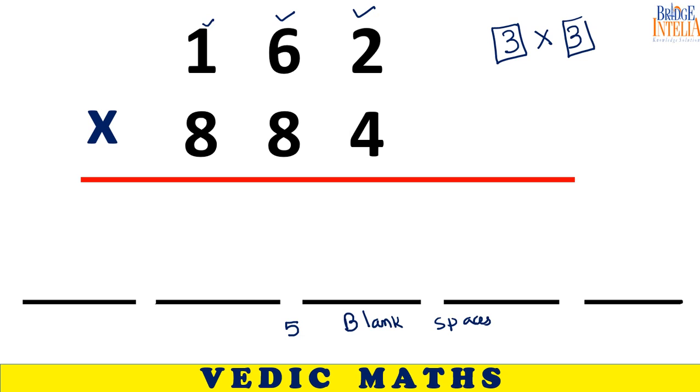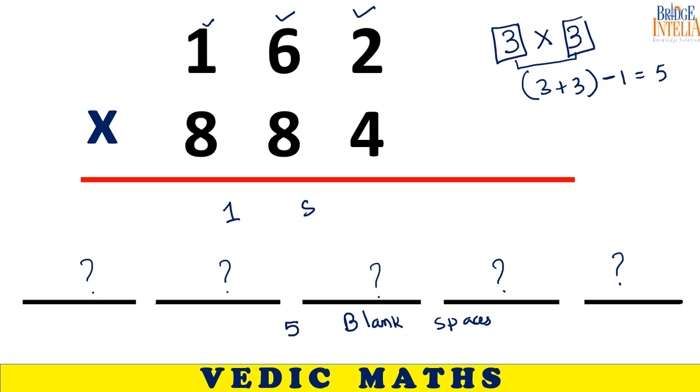Now this 5 is related to these numbers, 3 into 3. So 3 plus 3 is equal to 6, minus 1 is equal to 5. So if you understand what is to be written in these 5 blank spaces and you write that, your answer will be ready in one single step.